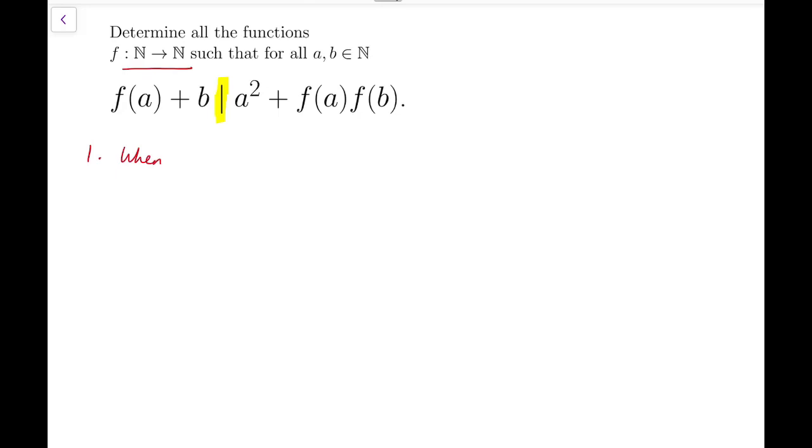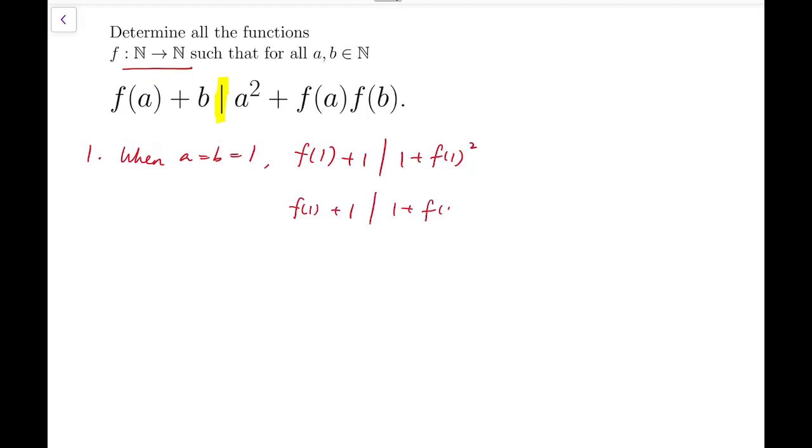I'm going to first put a and b to be both 1. Then this expression will become f(1 + 1) will divide 1 plus f(1) whole squared. Now, to derive further results, I'm going to rewrite the dividend by adding or subtracting some very well-known multiples of the divisor.